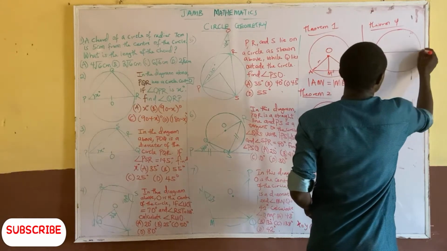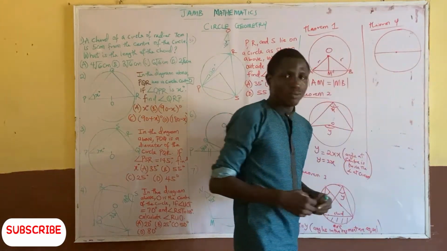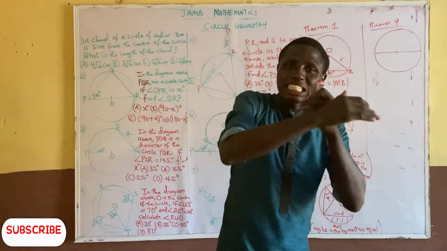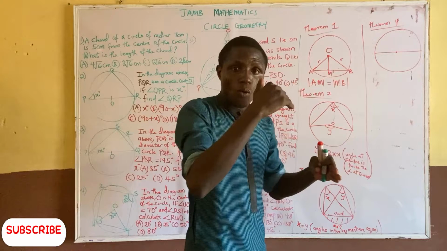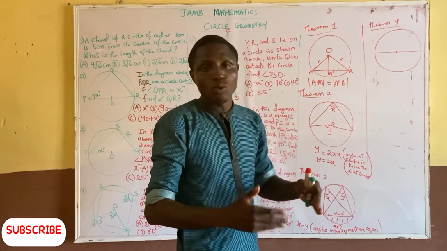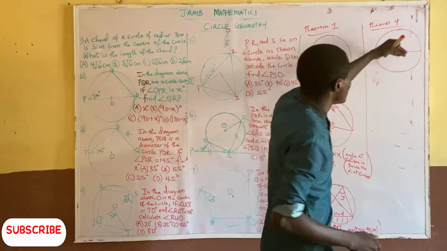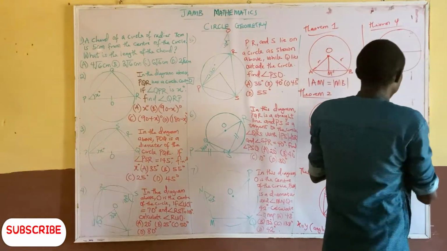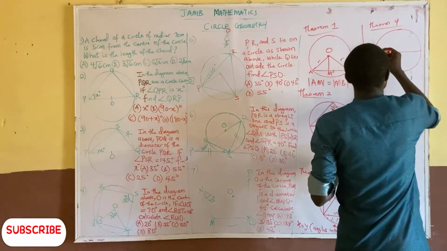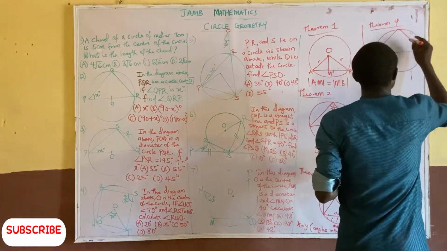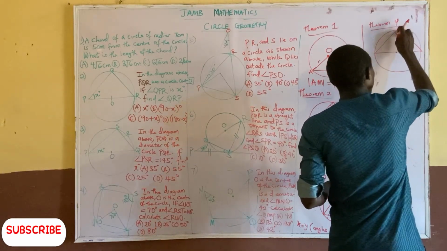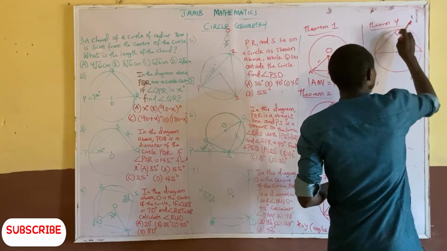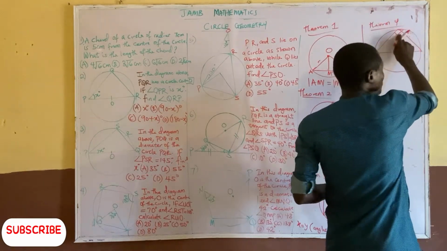Now, for example, if I have a semicircle here, a diameter divides a circle into two equal halves, and each half of the circle is called a semicircle. This is a semicircle, this is a semicircle. An angle in a semicircle, the angle here, is 90 degrees, because this is a semicircle.